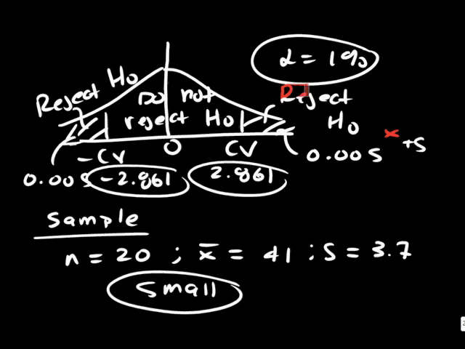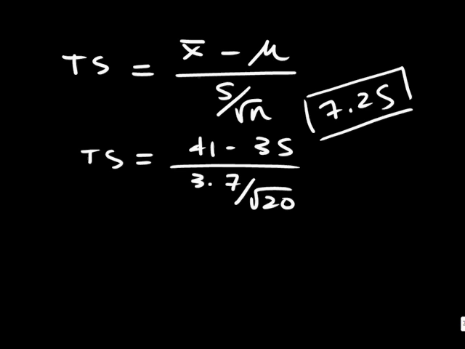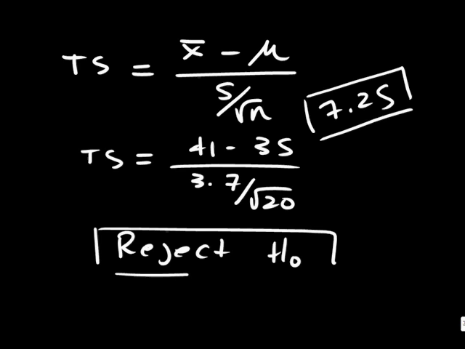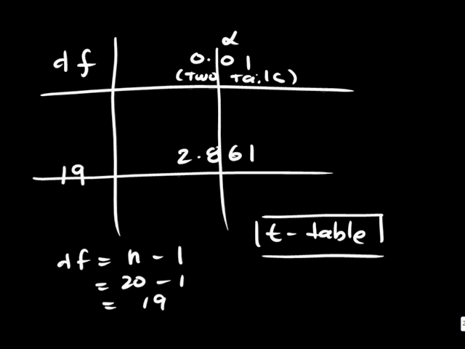So this value out here, very much past 2.861, implies we reject our null hypothesis as a conclusion. So we reject the null.